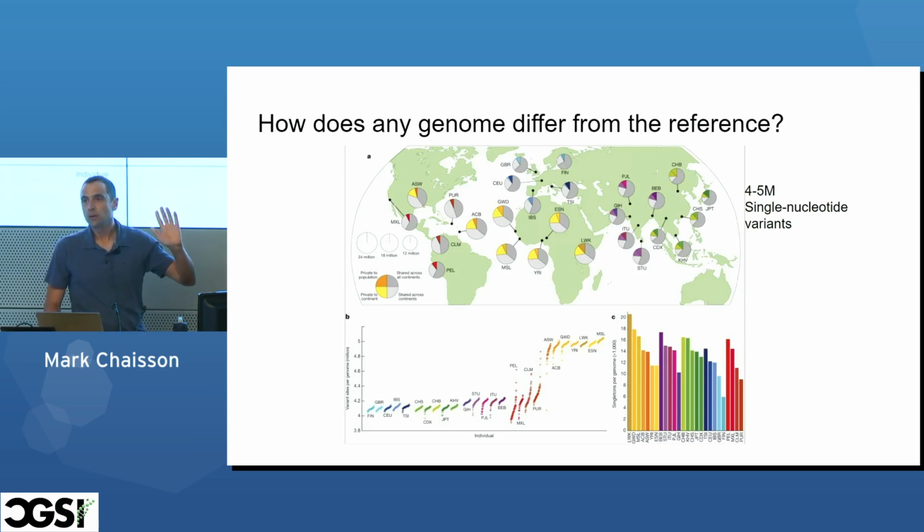Okay, that's missing a lot of diversity that we know about. So this is a view from the 1,000 Genomes project. Any new individual that's not the reference genome has 4 to 5 million single nucleotide variants between themselves and the reference human genome.